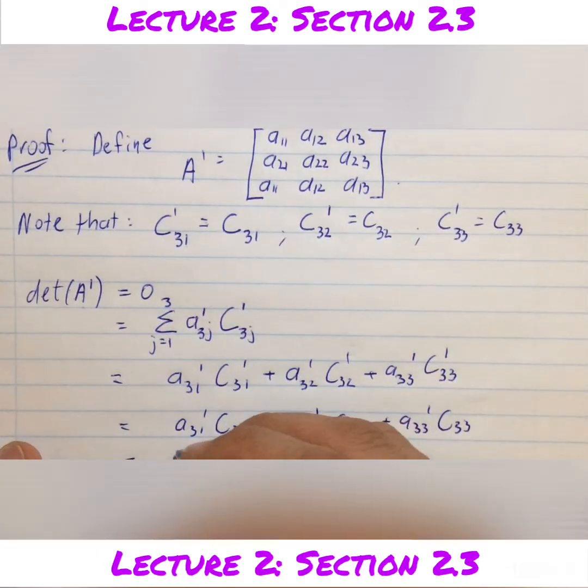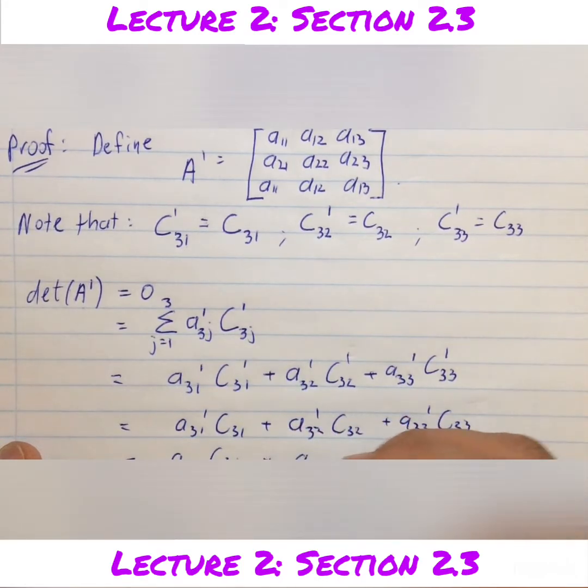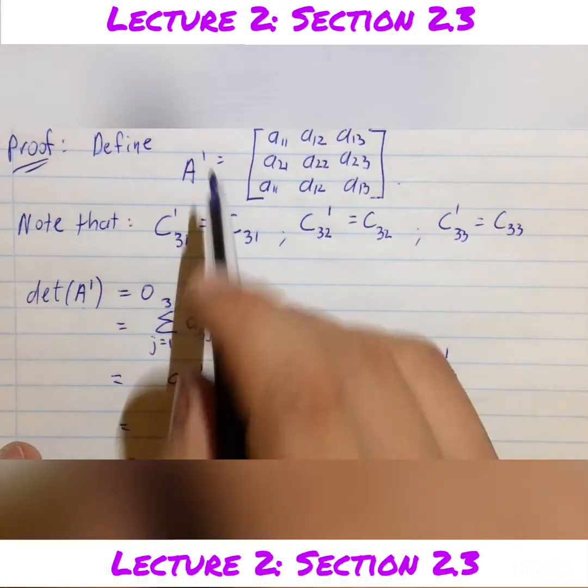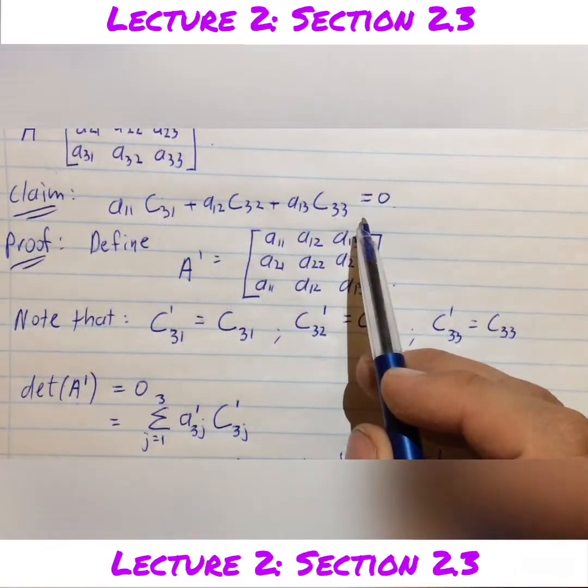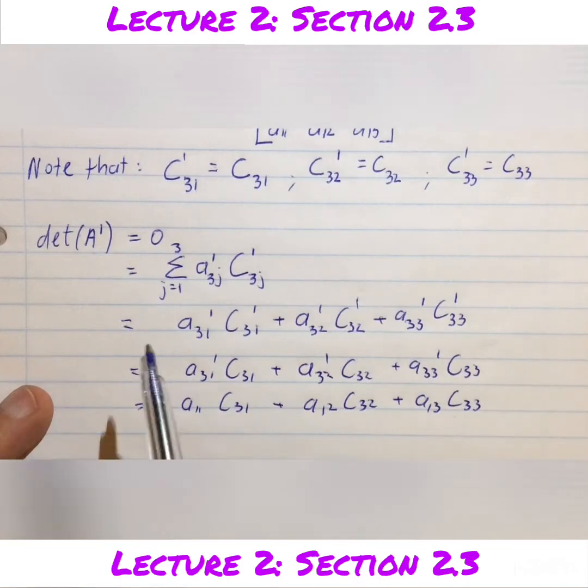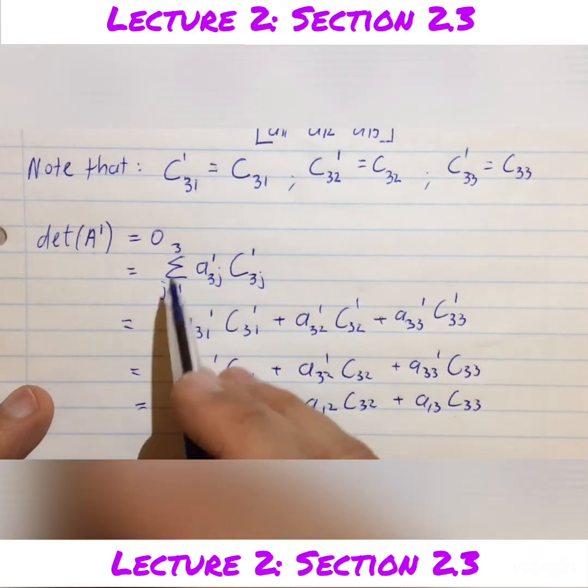That is simply going to be A11 C31 plus A12 C32 plus A13 C33. All right, now this quantity here is exactly that quantity there, which is what I want. So this quantity here is equal to 0.